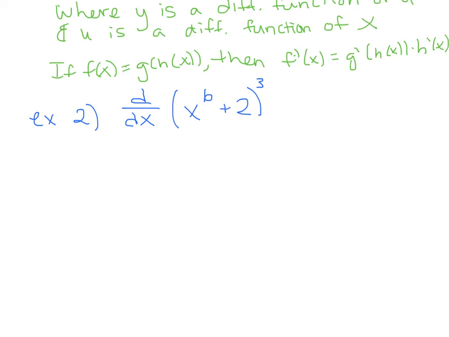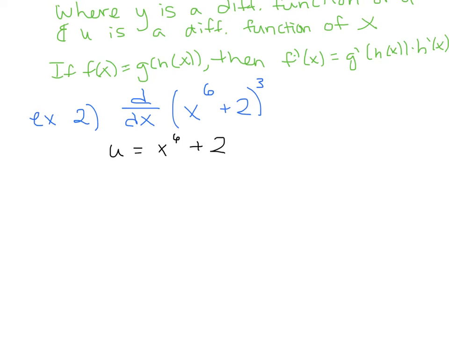Okay, so the first thing I need to do is to figure out what my inside function is, okay? So again, the situation's pretty obvious because my inside function is literally inside parentheses. So in this situation, I would say that u is equal to x to the 6th plus 2.